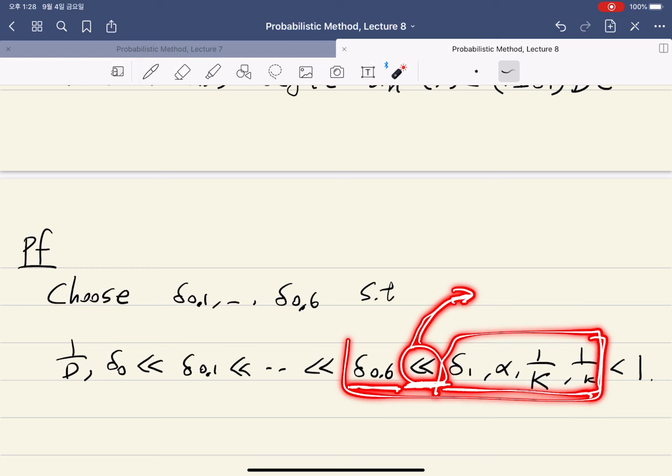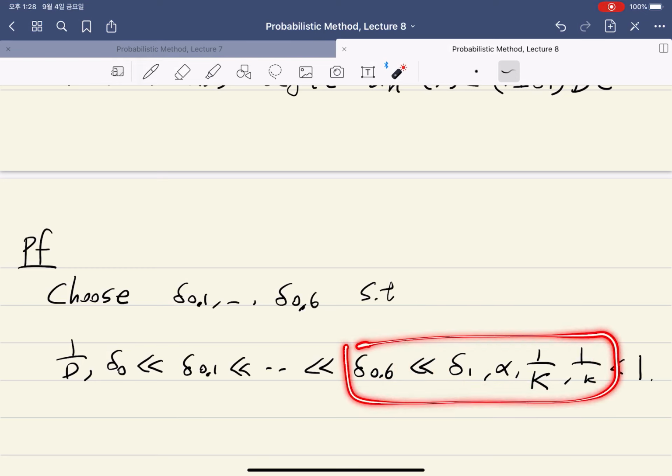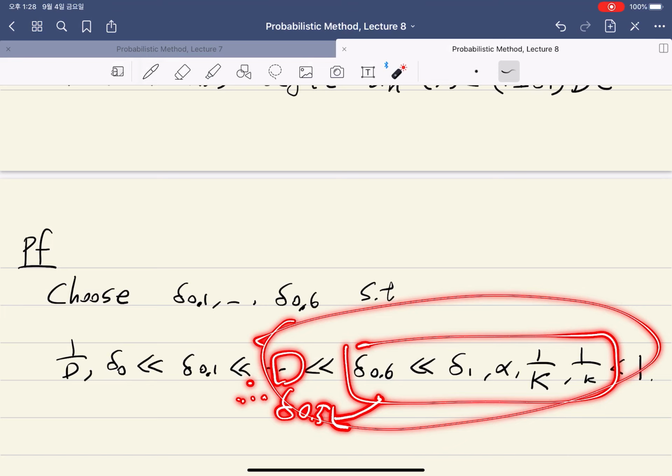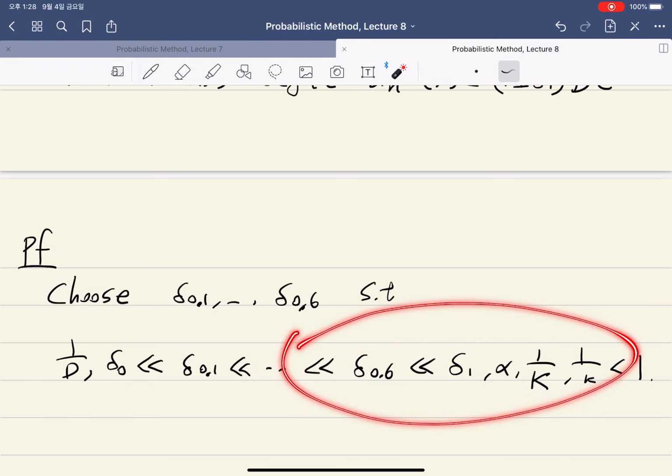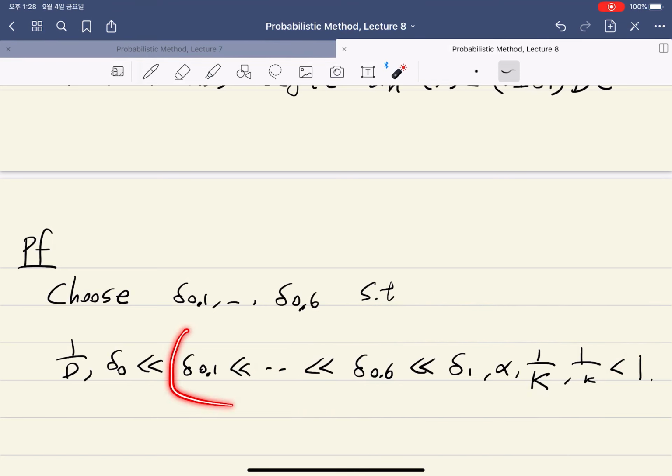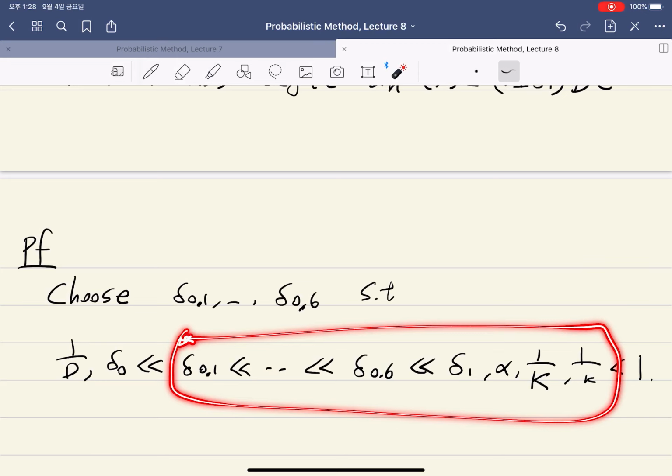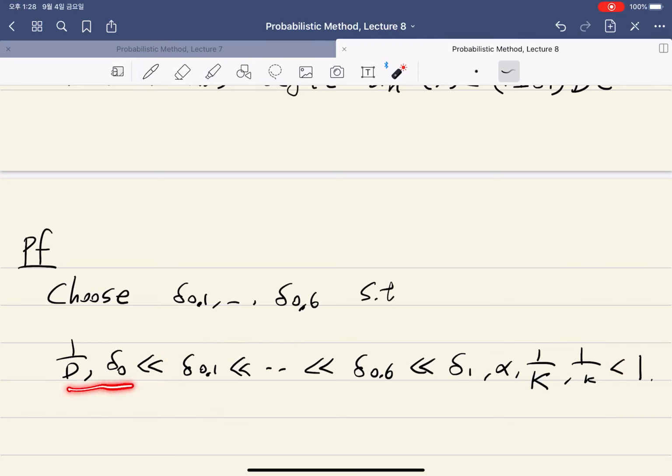And for given this, we also choose delta 0.5 accordingly. And so on, we choose the next one given all the previous ones, and we choose this to be smaller than that.